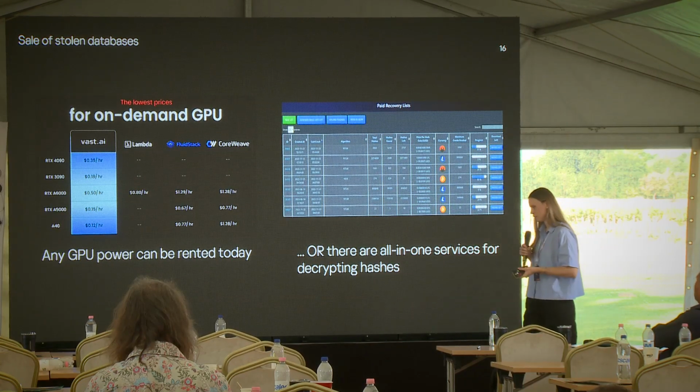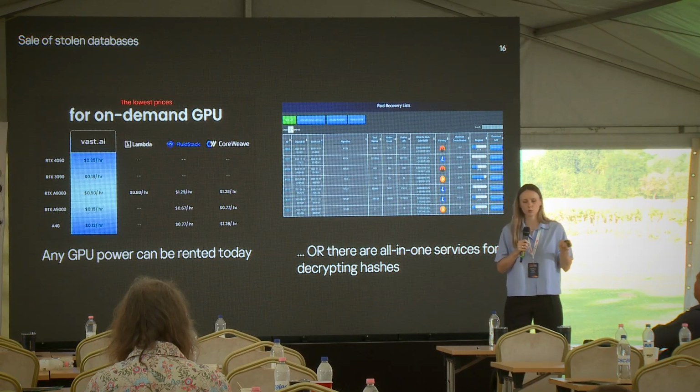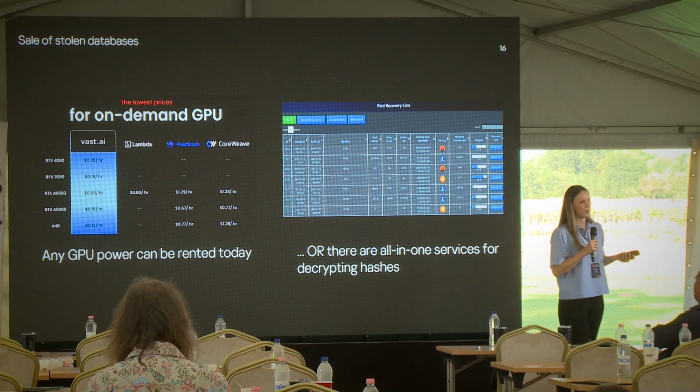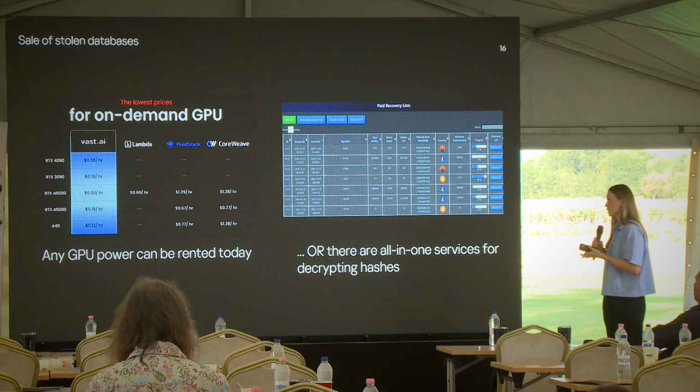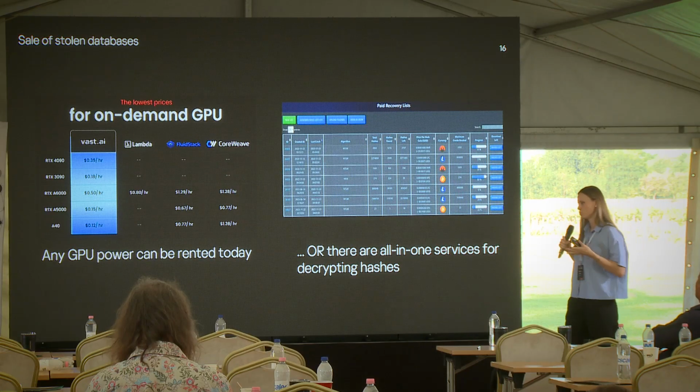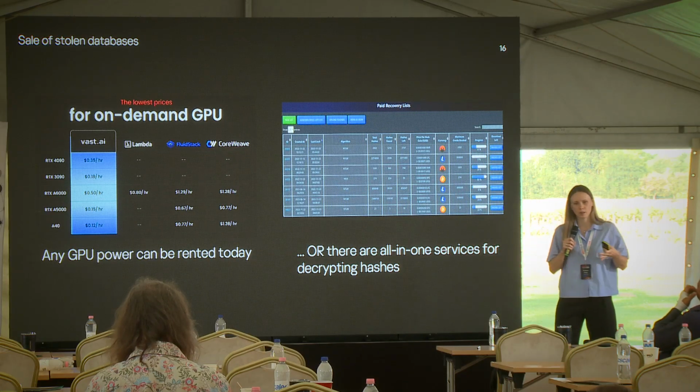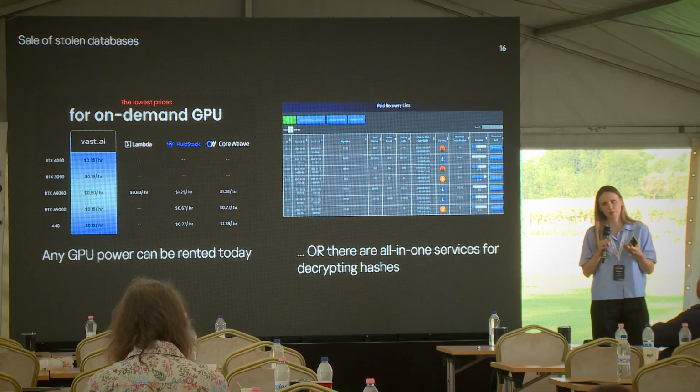The thing here is that cybercriminals also do not need to have any instruments. All the power can simply be rented, so they don't need to buy a GPU or have their own setup for password breaking.